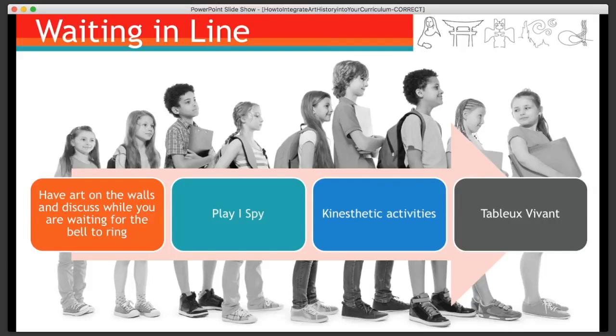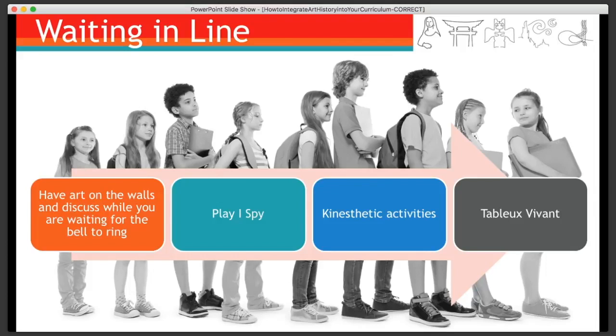Or every day they have to find something new, or they make a tableau vivant, which is a living picture where they have to act out the whole scene physically. So just think about using that time creatively.